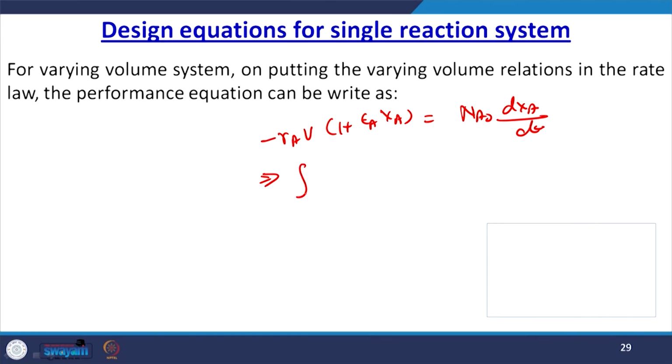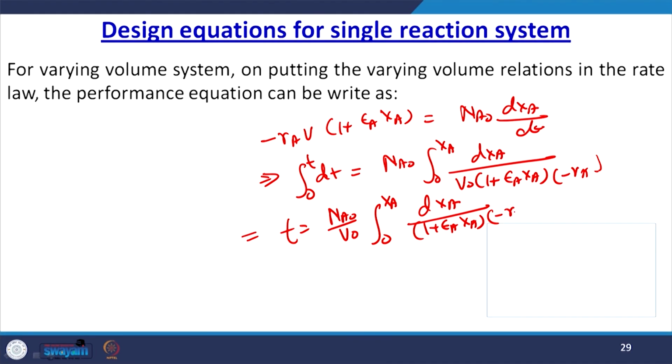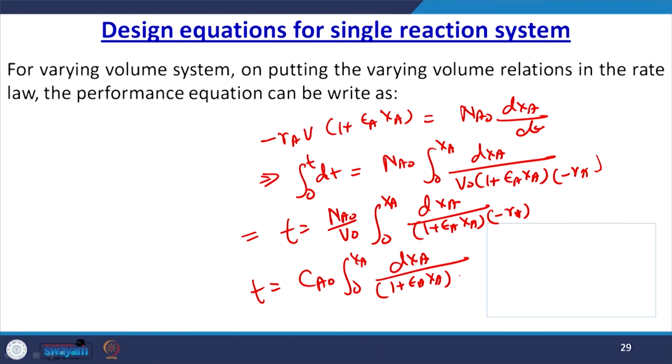If you recall the previous plot, and A naught, this is T is equal to Na naught upon V naught, integral from 0 to Xa, because at T is equal to 0, Xa is equal to 0, and at T, Xa is equal to x, dXa upon 1 plus epsilon A Xa into minus Ra, or T can be represented as Ca naught, integral of dXa upon 1 plus epsilon A Xa times minus Ra.